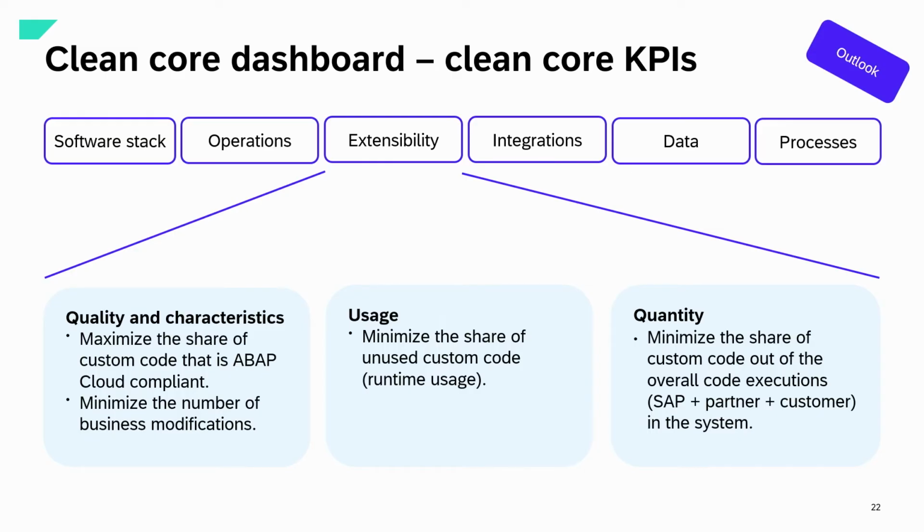But there are also other sub-dimensions like usage, how much of the custom code is actually used, because unused custom code, again, is something which is a candidate for retirement. And also the quantity of custom code, how much custom code is executed in a system compared to the overall custom code, so in order to minimize the extensions only to these areas which are really required.